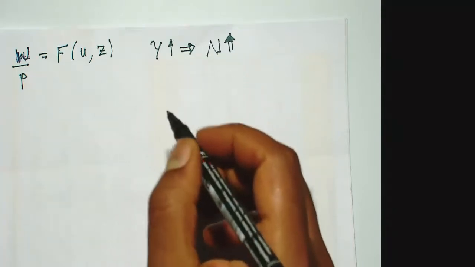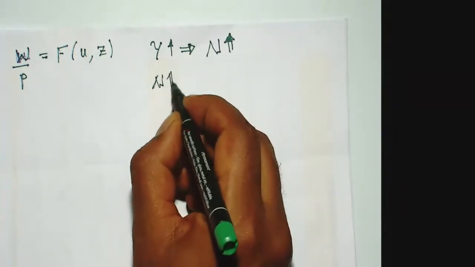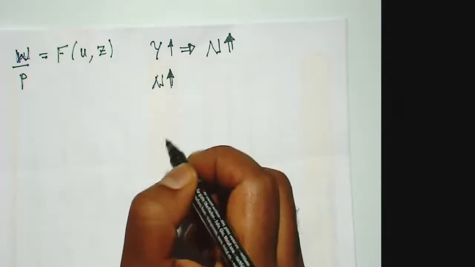This includes normal employees. So this impact of an increase in income would be translated to an increase in the number of employed persons. So the number of employed persons and the employment rate would increase.